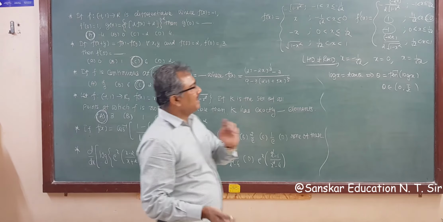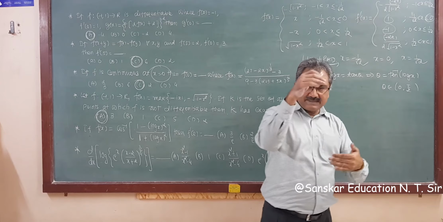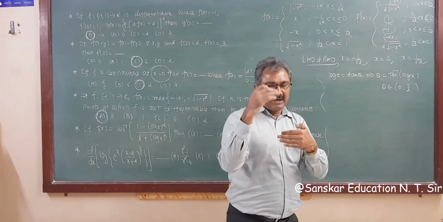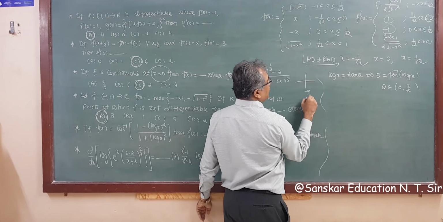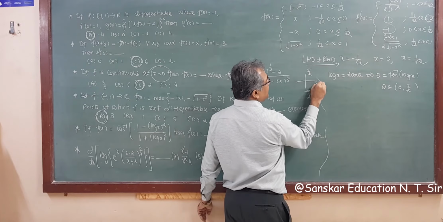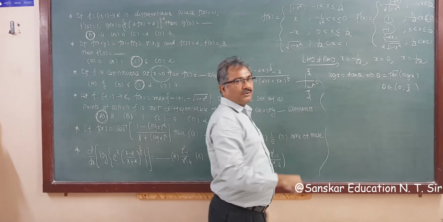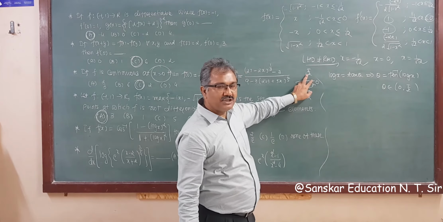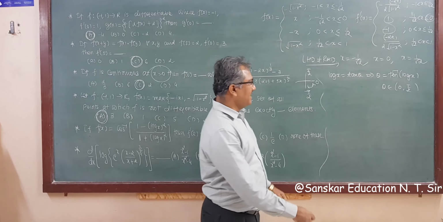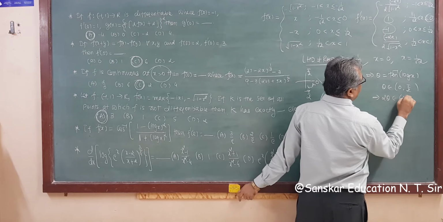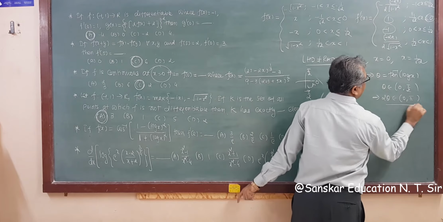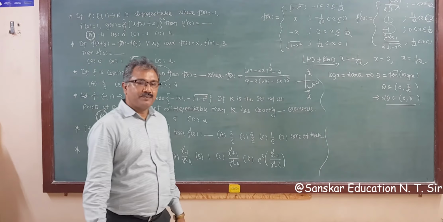The range of tan theta is minus pi by 2 to plus pi by 2, but in minus pi by 2 to 0 tan is negative, so compulsorily you have to take the first quadrant, 0 to pi by 2, right? And this is the formula for cos 2 theta, so multiplying by 2, we get 2 theta belongs to 0 to pi.